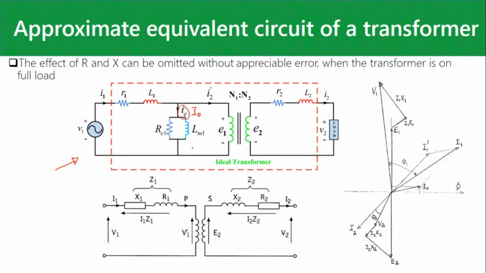Because that I0 is so small compared to the current when you're on full load, it's about 3% of that current, we decide when we are on load that we are going to consider this effect as negligible. So we don't consider it. So now our simplified equivalent circuit looks like that, starting to take shape a little bit. So now we just have our X1, R1, X2, R2. That's all we've got left there.